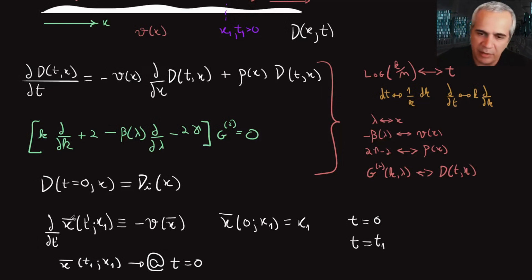And this new variable t prime is the opposite, right? At t equals 0, t prime is t1, right? And at t equal t1, t prime is 0.